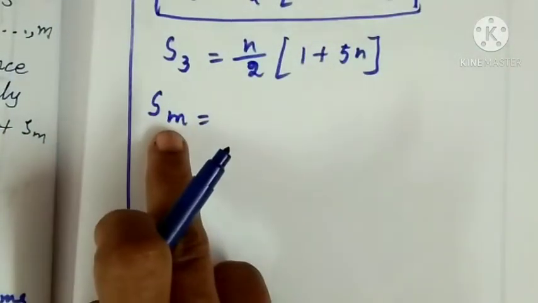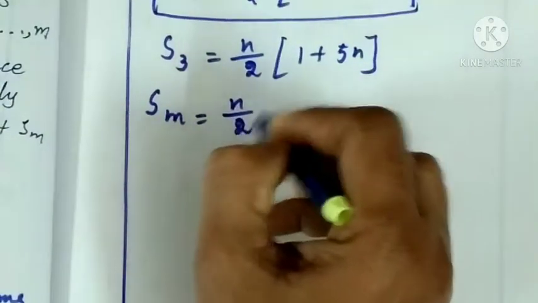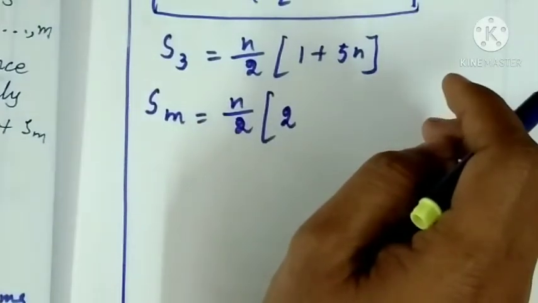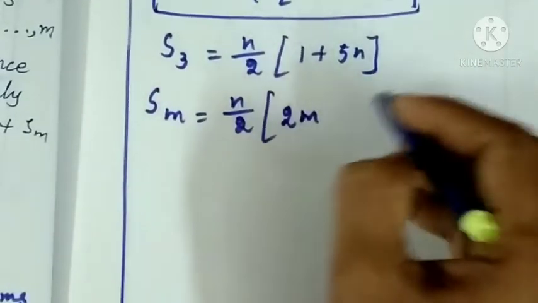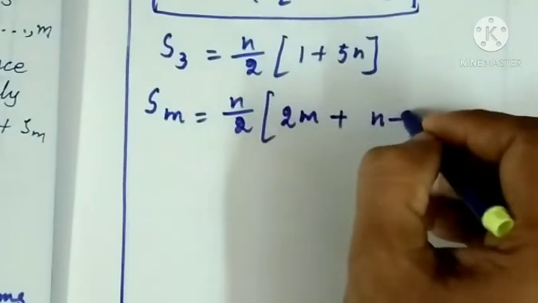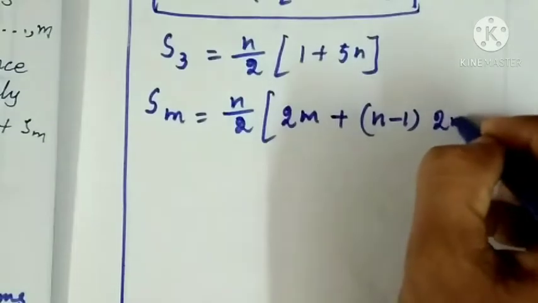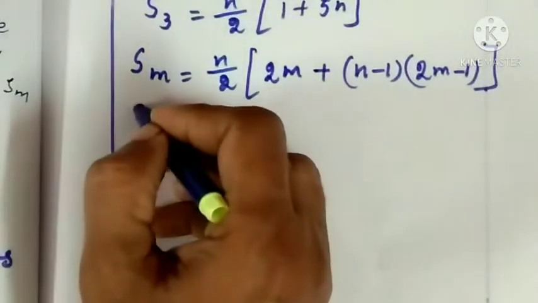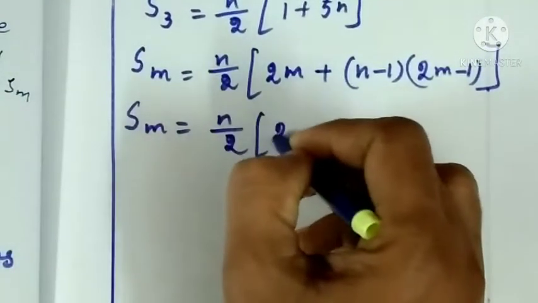For the last term also, in the question they gave the number of terms n. So n by 2 into 2, where a is m, so 2m plus n minus 1 into, here d is 2m minus 1. Now you have to simplify, and we get Sm is equal to n by 2 into 2m.